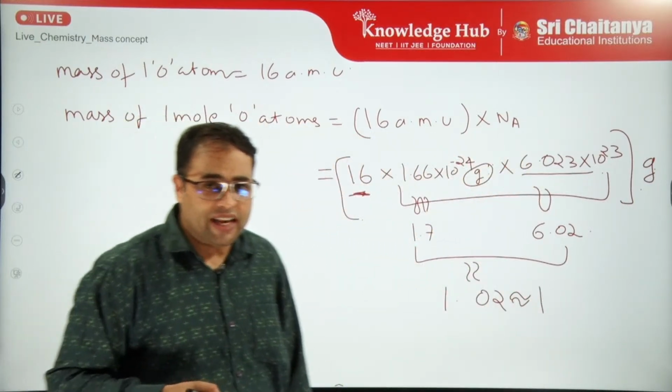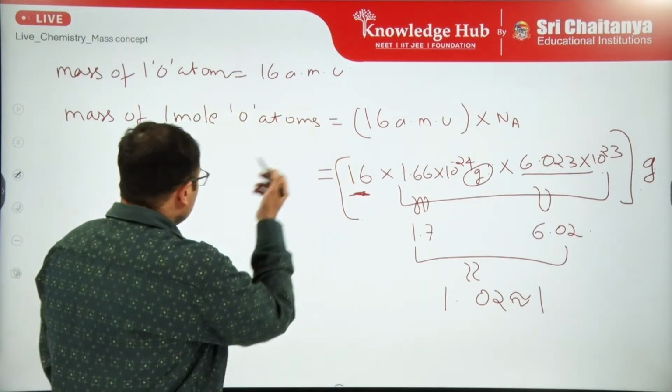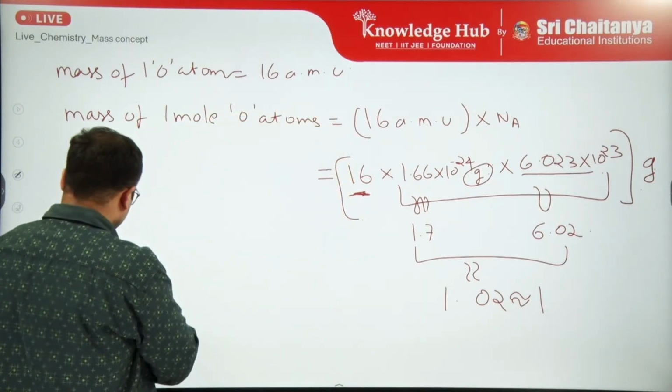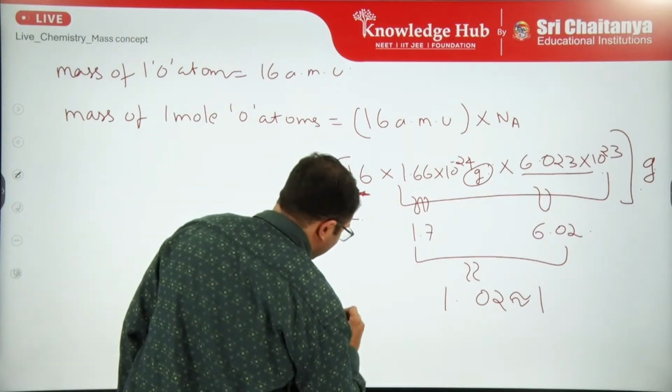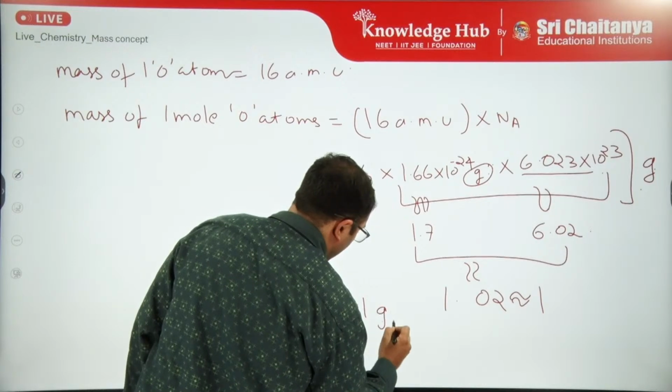Right? We can take this as 1. So this will be equal to 16 into 1 grams.